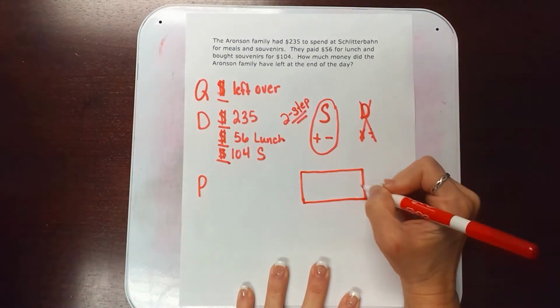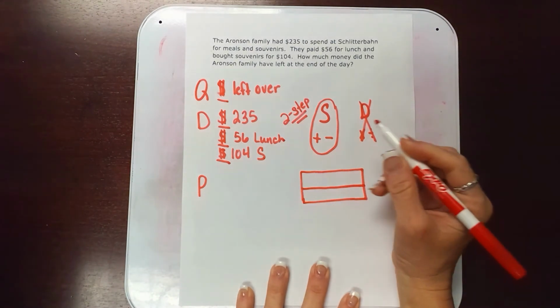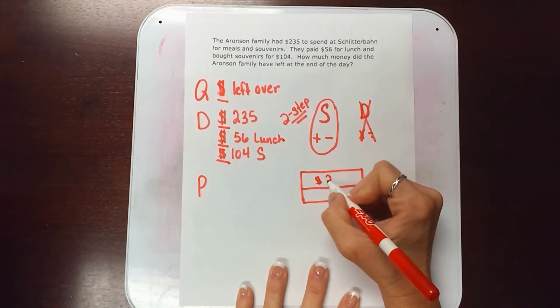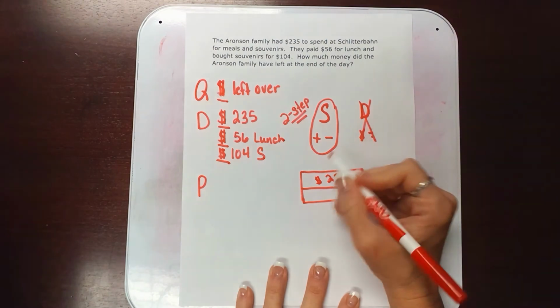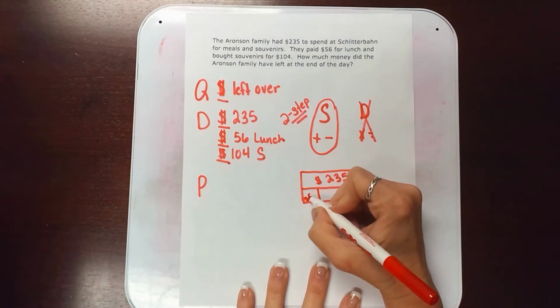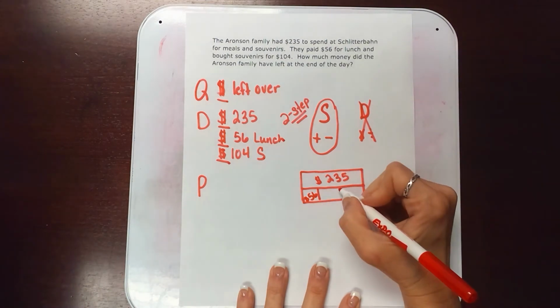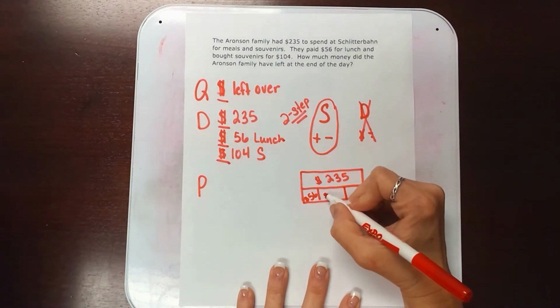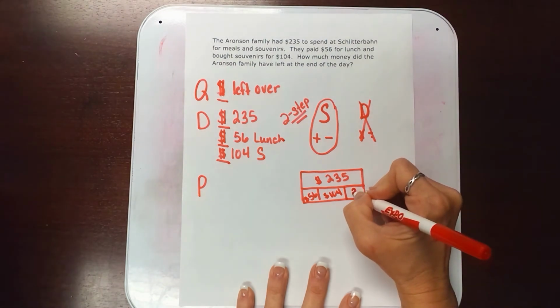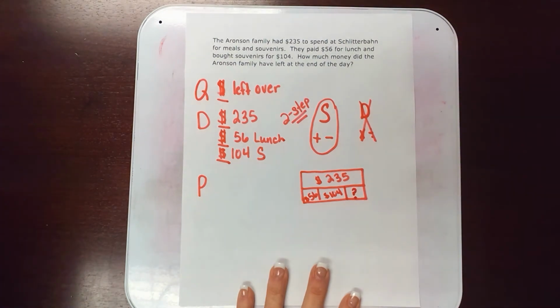Now I'm going to draw a strip diagram, or it's also called a part-whole model in this instance. And I know I have a total of $235. I know I bought lunch for $56, and I know I bought souvenirs for $104. But what I want to know is the amount of money that was left over.